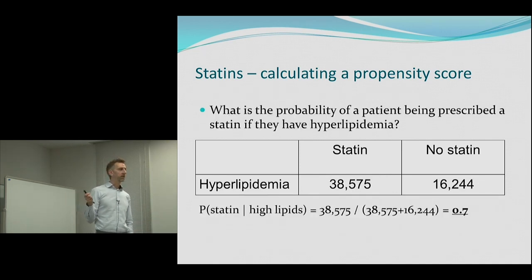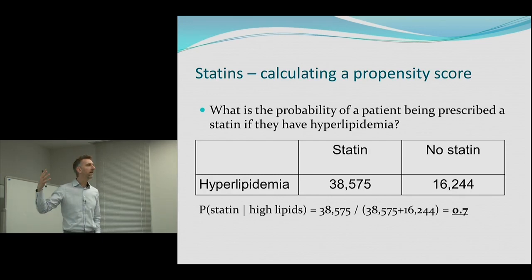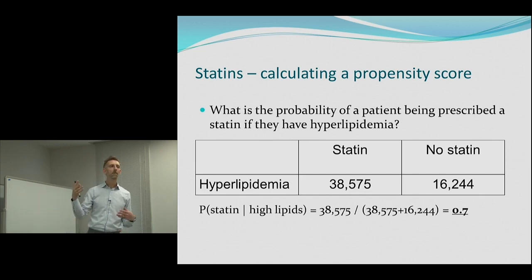If we imagined that having high lipids was the only factor in the world that influenced whether or not you got a statin, then we could very simply calculate the probability of being prescribed a statin if you have high lipids. Yeah? If you imagine nothing else influences that decision, just having high lipids.